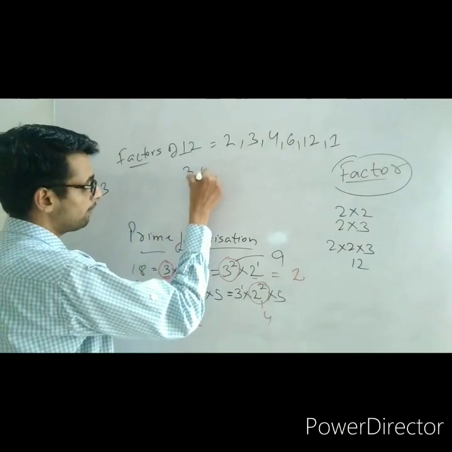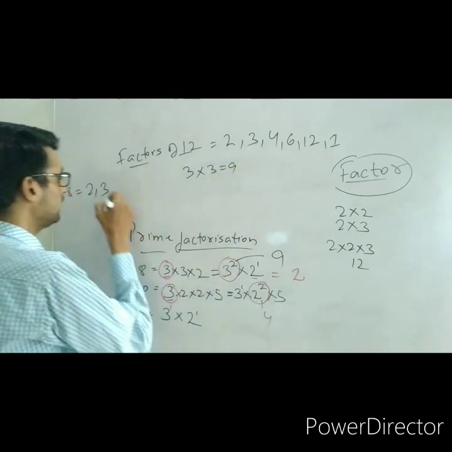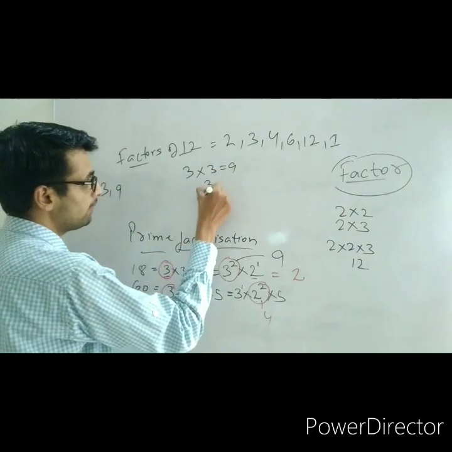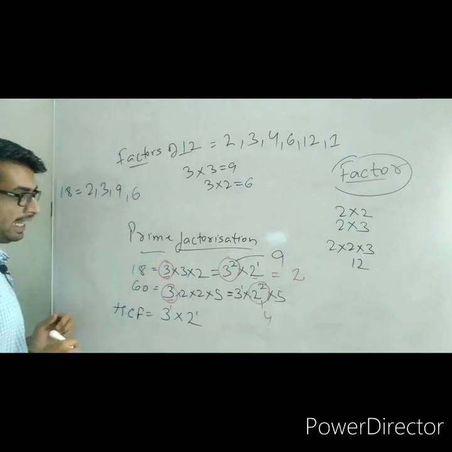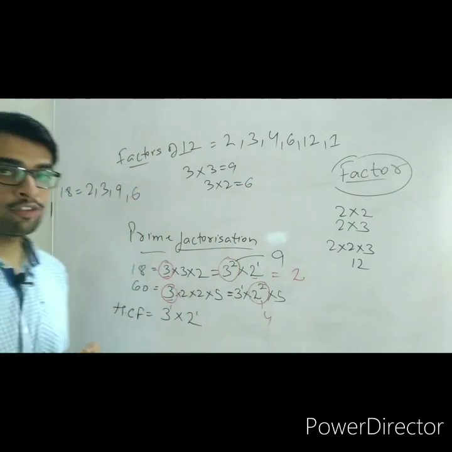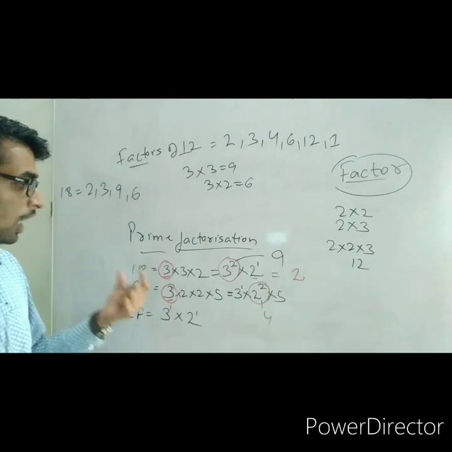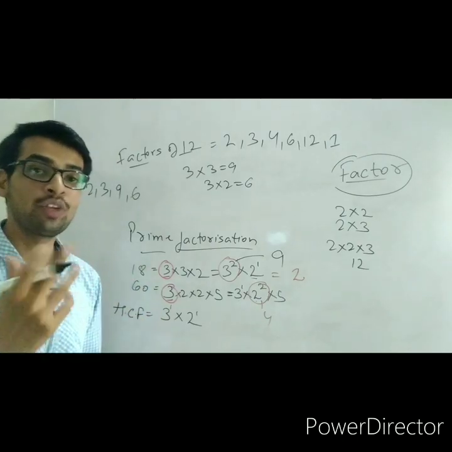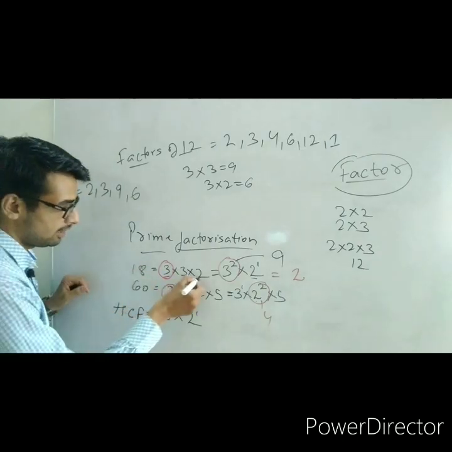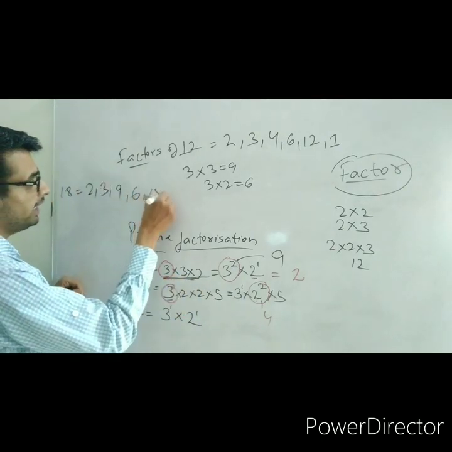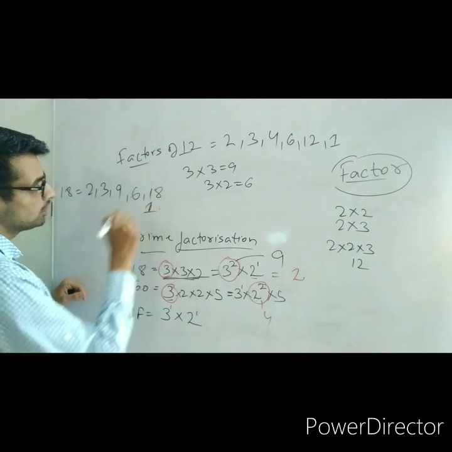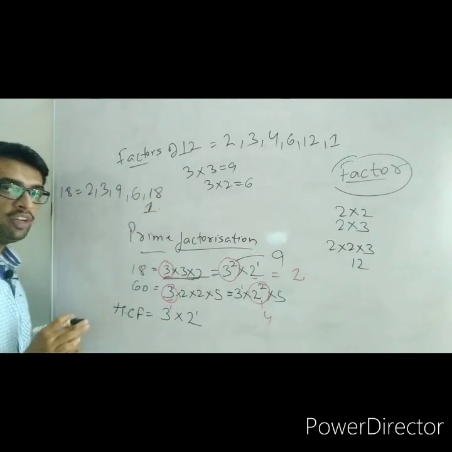So 3 multiply 3, which is 9, so 9 is a factor of 18. 3 multiply 2, which is 6, so 6 is a factor of 18. And we cannot find any other different combination. Now we take the combination of 3 numbers, which is 18 itself. So 18, and 1 is always there. So these are all the factors of 18.